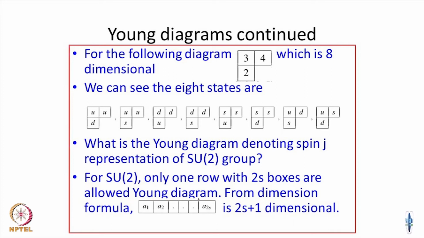So, now tell me what is the Young diagram denoting spin j representation of SU2. What will be the diagram?